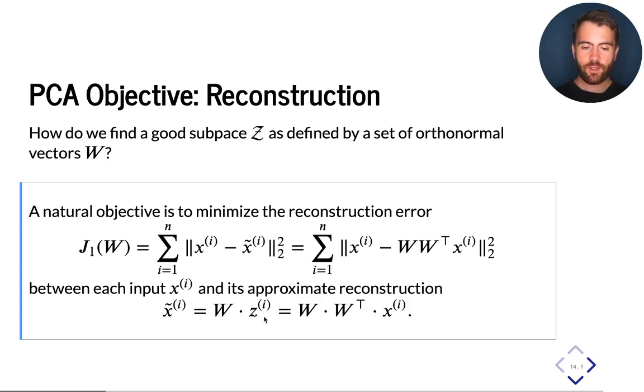Since obtaining this z is a lossy operation, x is d-dimensional, now we get a point that's p-dimensional, and then we map it back to a d-dimensional space. But when we brought it down to p dimensions, we lost something. So this x tilde will never equal the original x, but it will be close. And a good subspace is when our reconstruction matches closely the value of the original point.